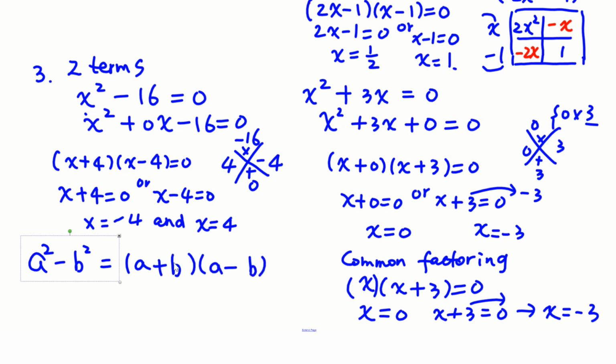So a times a gives you a squared, b times negative b gives negative b squared, and in the middle, a times b minus a times b will be 0. So this one is the formula for difference of squares factoring. So this has covered almost everything that you need to know for quadratics.